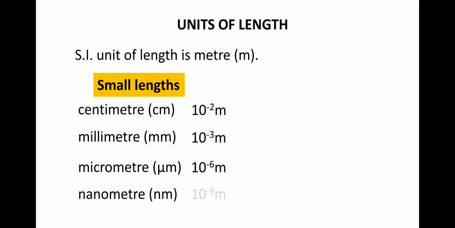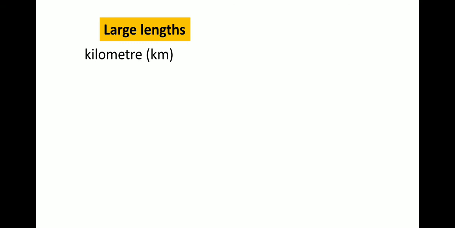Then we have the angstrom, which is equal to 10 to the power minus 10 meter. The larger unit of length is kilometer, which is 10 to the power 3 meter.